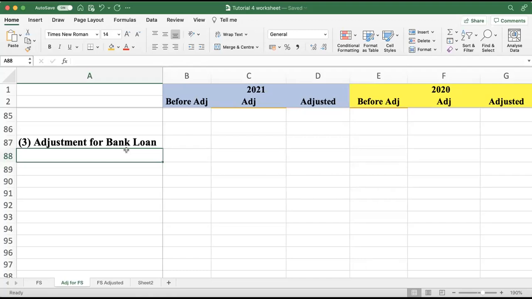You have to prepare an amortization schedule, because the bank loan has to be recorded at amortized cost.